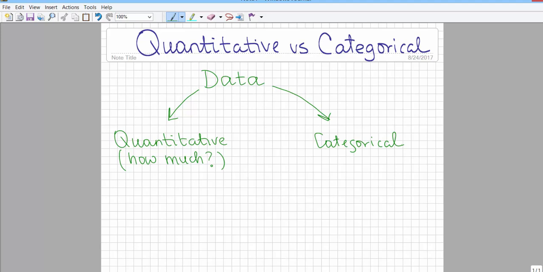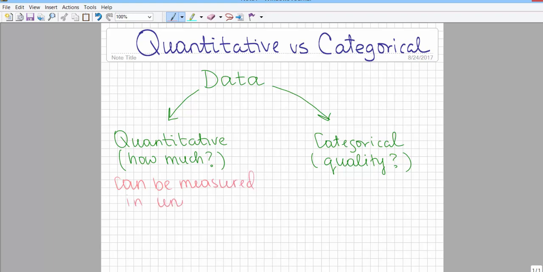Categorical, quality. You can't say how much, but what type of quality does this particular sample have? Okay, so quantitative and categorical. Quantitative can be measured in some sort of units.